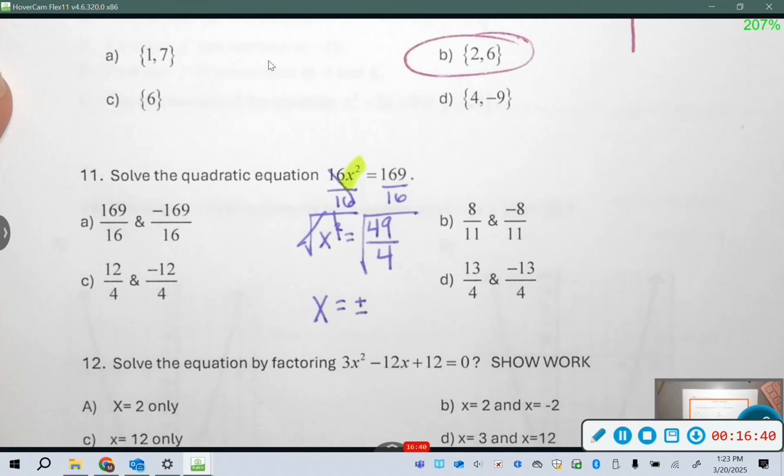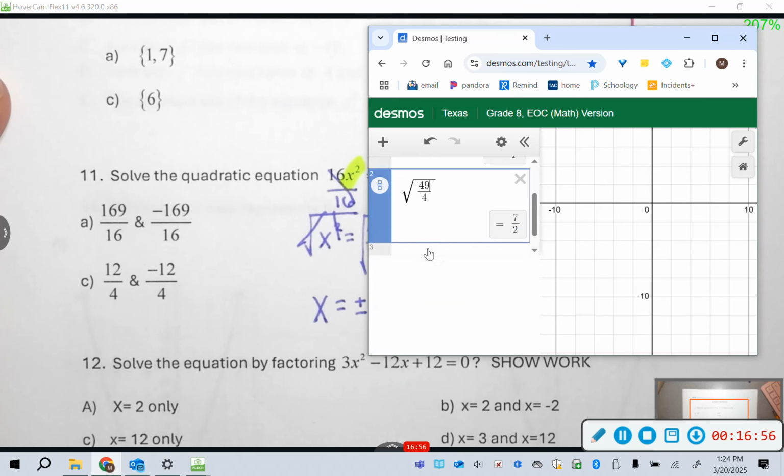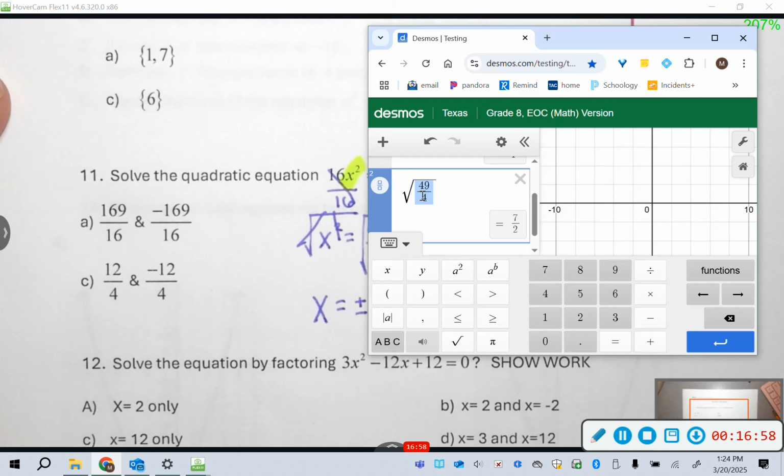What did I do wrong? 196. That's what I did wrong. No, 196 over 16 gives me 49 over 4. What am I doing? Let's type it all together. It's the same thing.